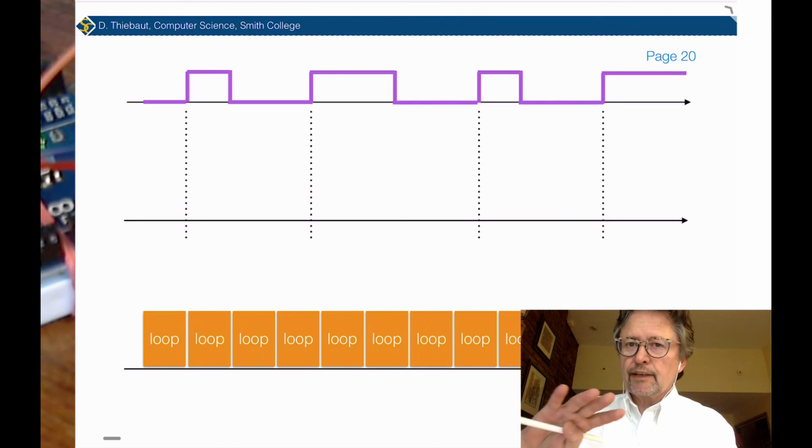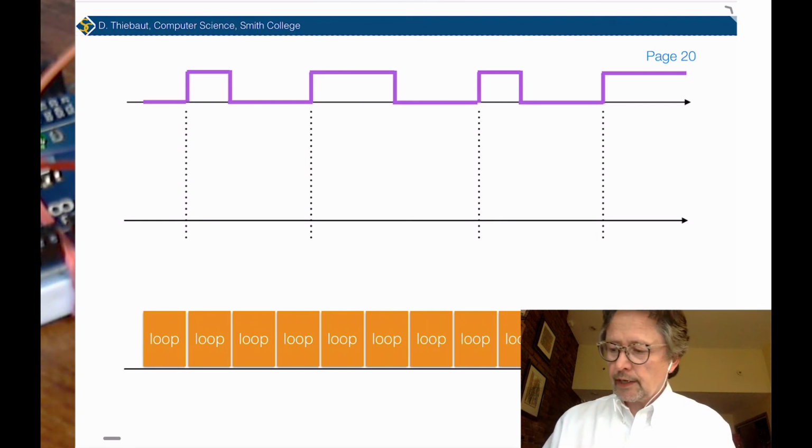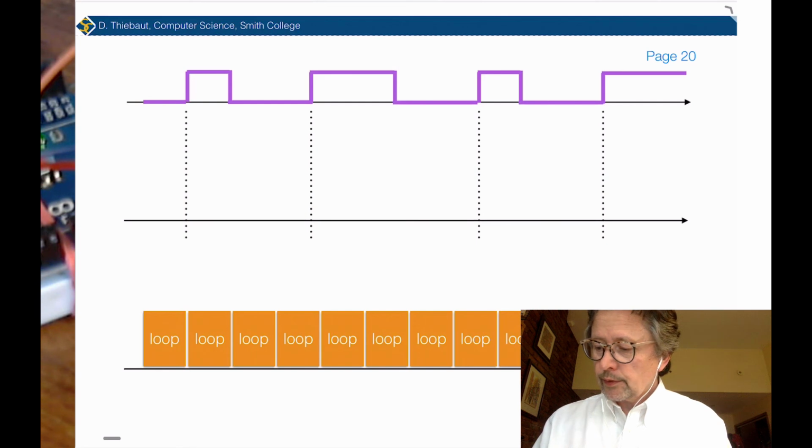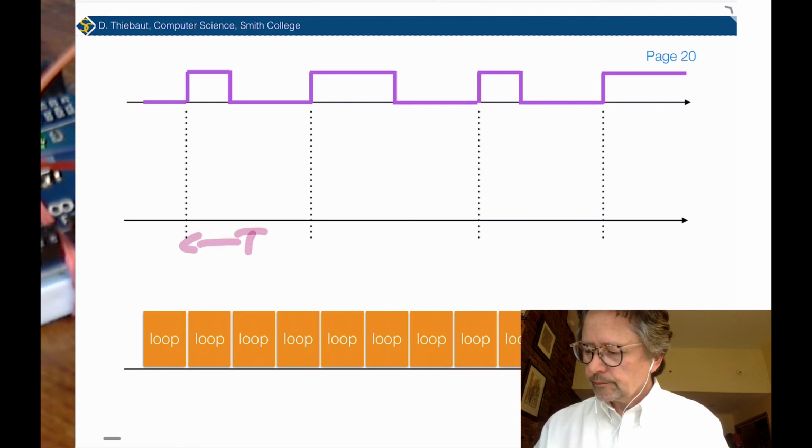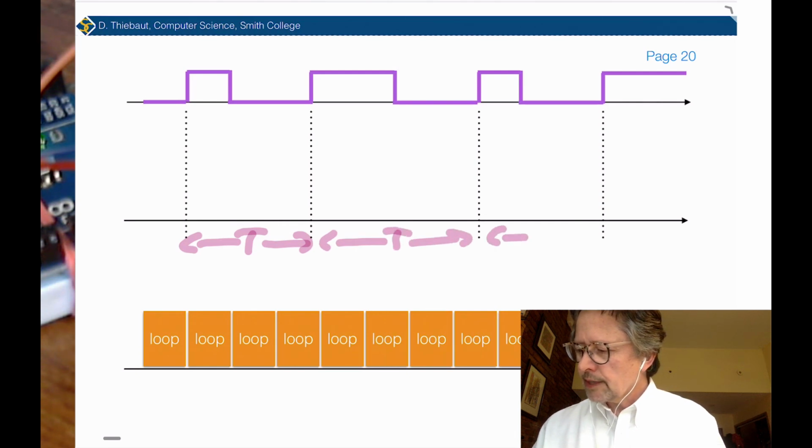I'm thinking finite state machine, and I would like to have an Arduino replace a finite state machine and generate a signal that would look like this. So this here is a period of the signal.